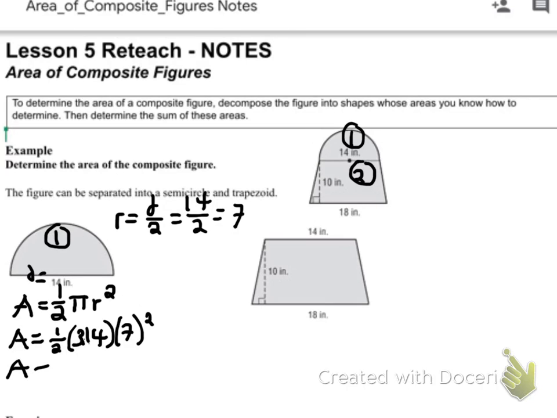Area then equals 7 times 7 is 49 times 3.14 divided by 2, and that will give you 76.9.